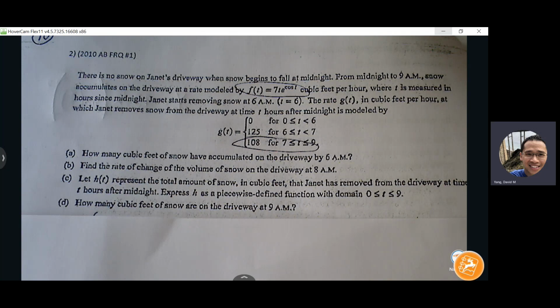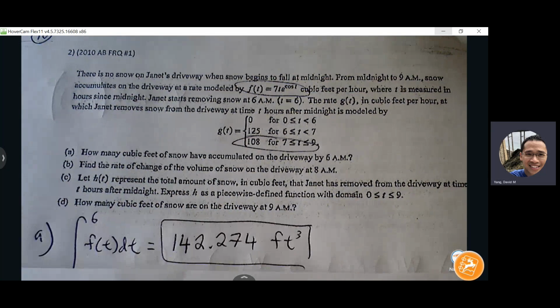Well, this is already cubic feet per hour. If we take the derivative, then we'll get cubic feet per hour per hour. How do we get the amount of snow if I'm sitting at a rate? Antiderivative, right? I want cubic feet per hour to rise up to cubic feet. So I should take the antiderivative of F of T from where to where? 0 to 6, yeah.